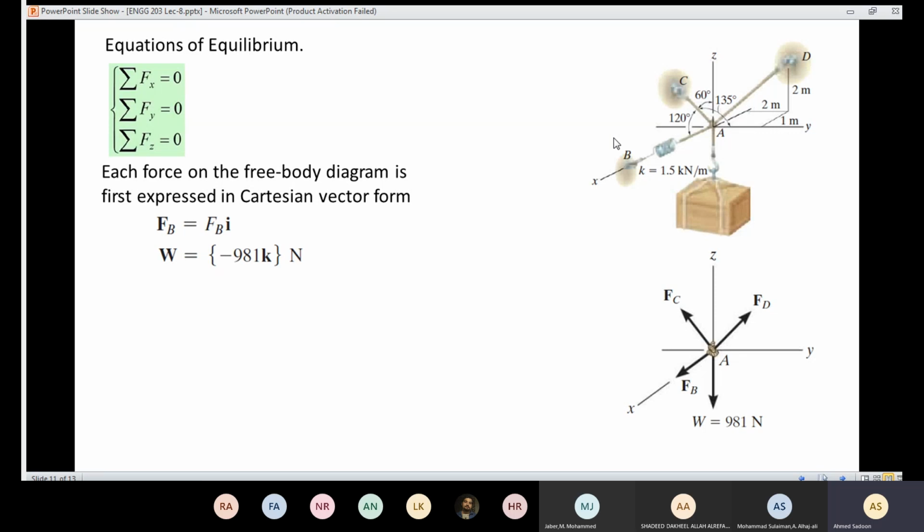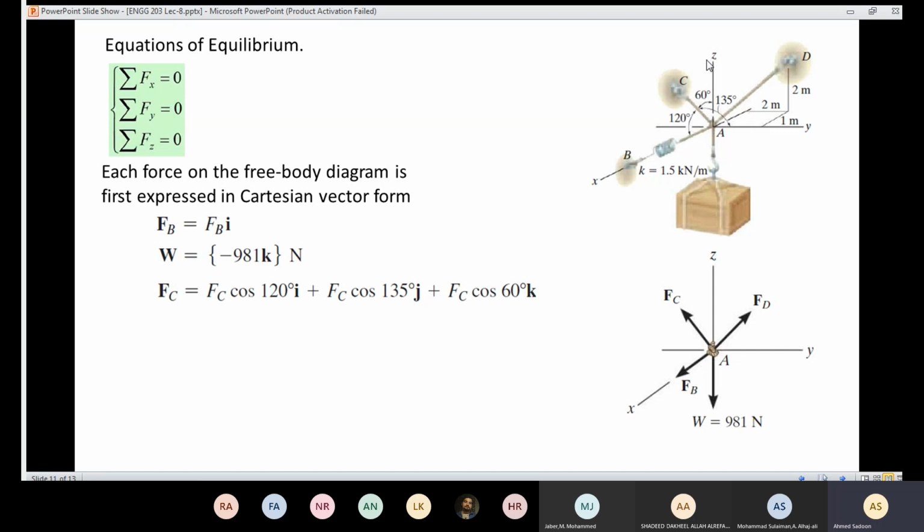So FC equals FC cosine alpha for the component in X. For the component in Y, FC cosine beta, which is 135 degrees.